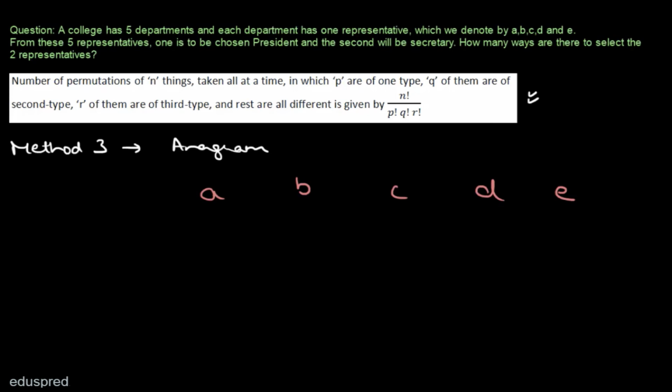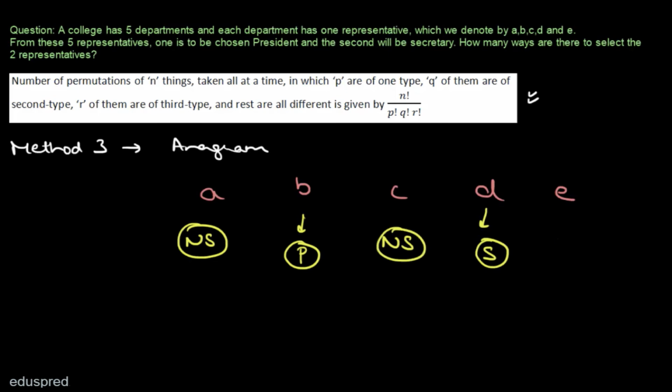Let's say that B is selected as president, and let's say that D is selected as secretary. Now, because B and D are selected, that means A is not selected, C is not selected, and E is not selected. So B is president, D is secretary, A, C and E are not selected.